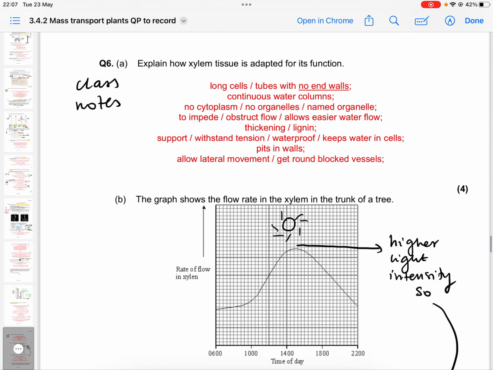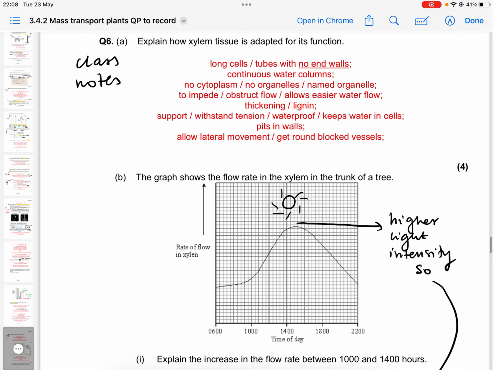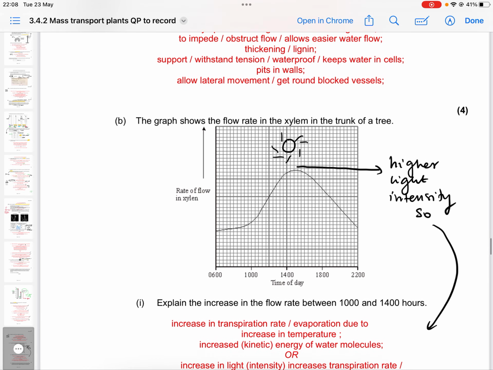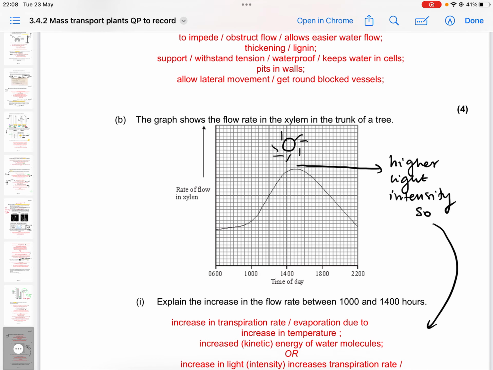Question 6, it's a straightforward question. It asks you how the xylem tissue is adapted to its function. So you should have used your class notes to answer that question. So moving on to question B. Question B here shows you the rate of flow in the xylem against different times of the day on the x-axis.